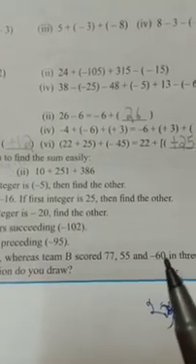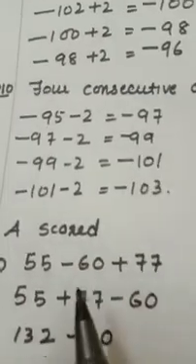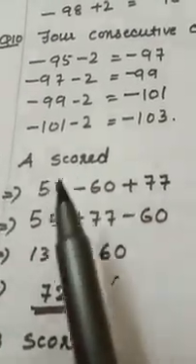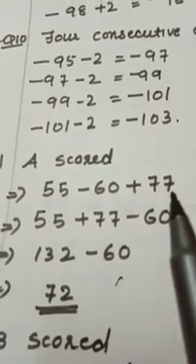Next, question number 11. In a quiz, team A scored this, whereas team B scored this, in 3 rounds. Okay. Find which team scored better. What conclusion do you get? A scored, see these, how much total? 55 minus 60 plus 77.